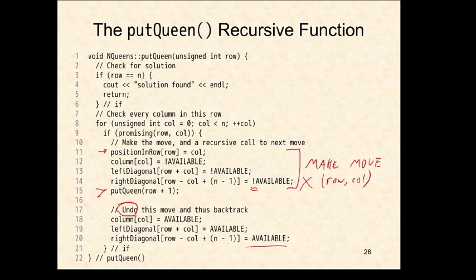Then after the recursive call is done, we have to put them back to where they were available, so that we can go back through the loop and try other positions within this row. If we leave this one marked as already taken and the other diagonals taken, we'll never be able to put many queens anywhere, because everything would get marked as not available and it would never change back to available. So that's how the code works.